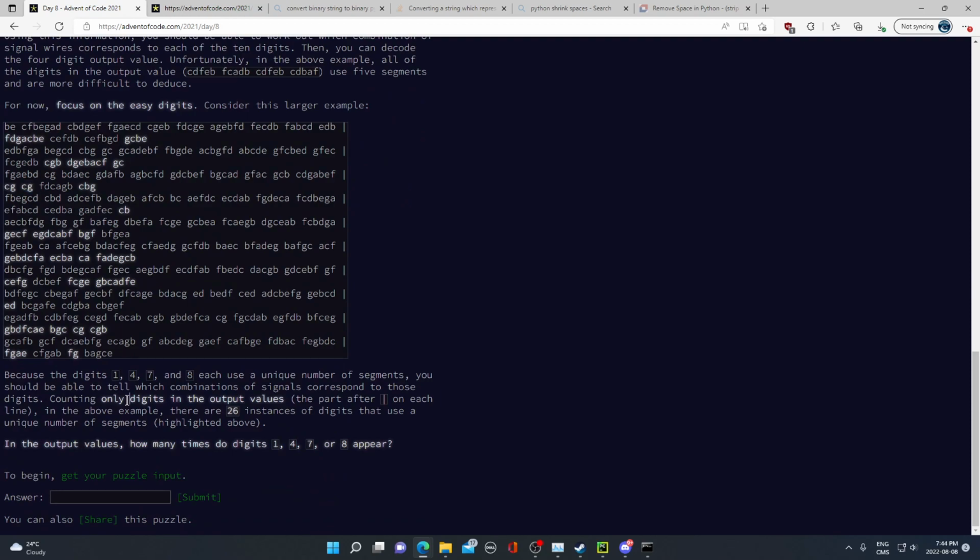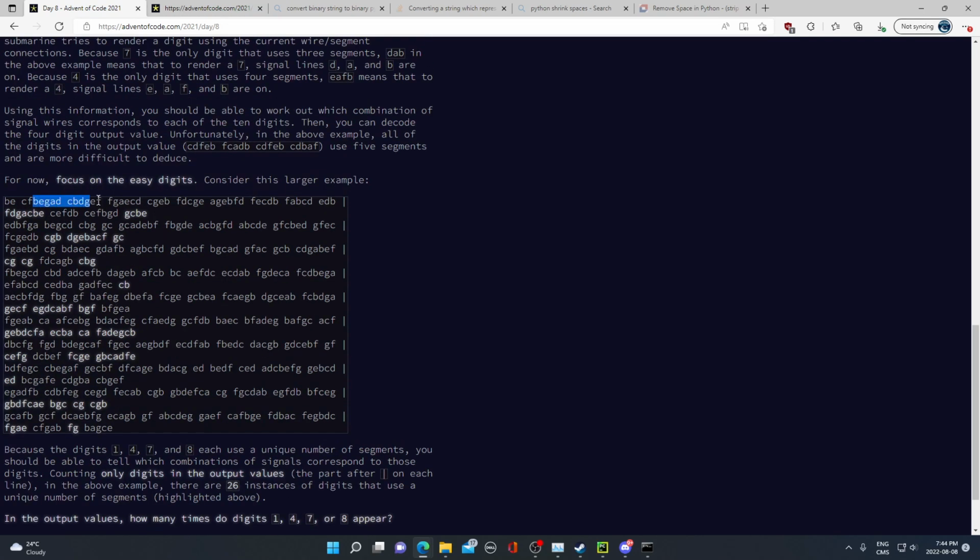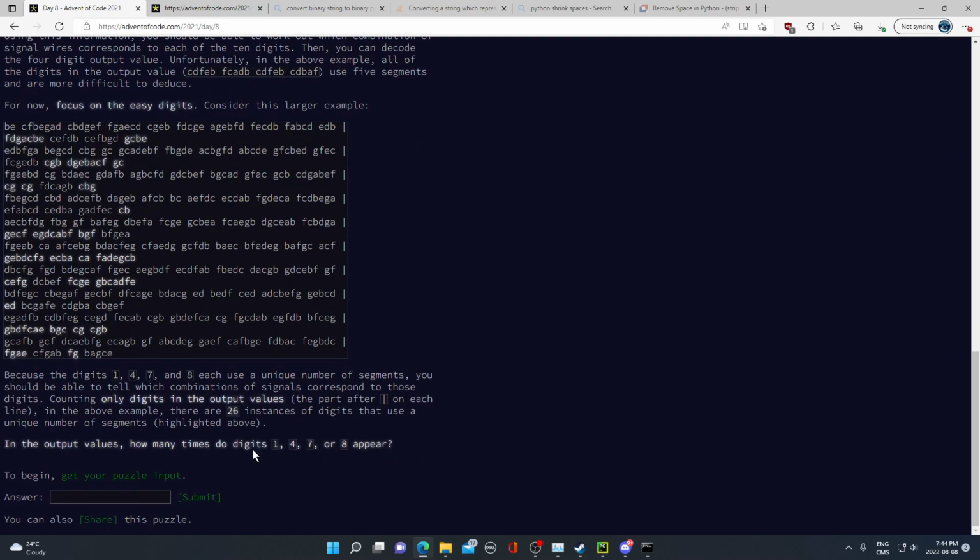Man. I guess they're holding our hands. We don't actually have to do any of this logic here. So in the output values, there'd be 1, 4, 6, 1, 4, 7, 8, but would they be the same?